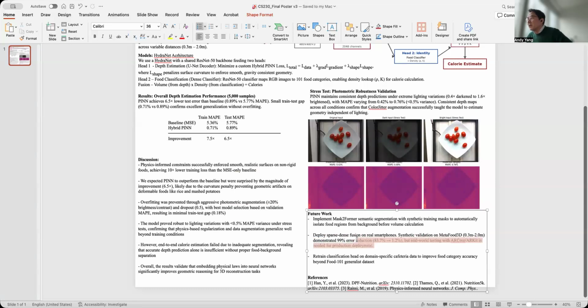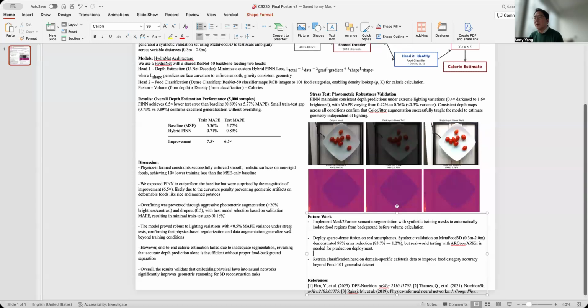However, there will be more to do with real-world testing, nowadays like using LiDAR or ARCore from the phone. So that's another thing. The future work still remains in retraining the classification head on more realistic data, beyond what has been used in the sample. So those are three future works.